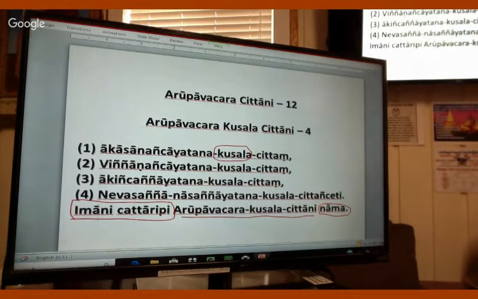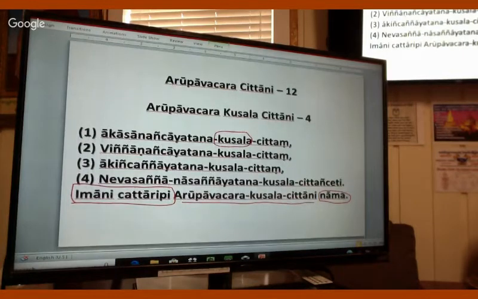And exactly the same for Arupavachara Kiriya Chitta: Akasanancayatana Kiriya Chitta, Vinnanancayatana Kiriya Chitta, Akincannayatana Kiriya Chitta, Nevasannanasannayatana Kiriya Chitta. So altogether 12 kinds.